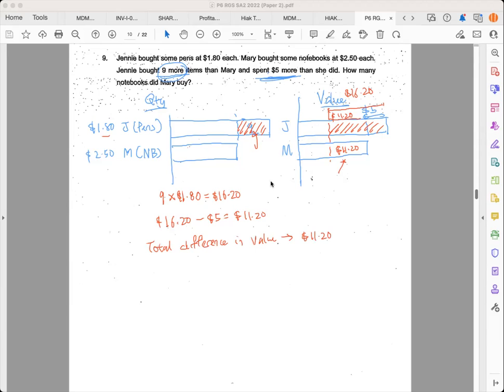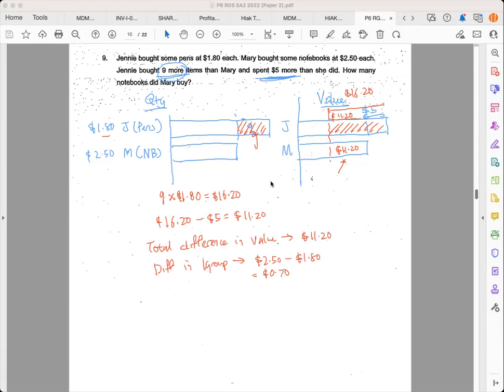This $11.20 is made up of equal numbers. It is the total difference between an equal number of pens and notebooks. The difference between 1 pen and 1 notebook, I call the difference in one group, is 250 minus 180. That will give you 70 cents.